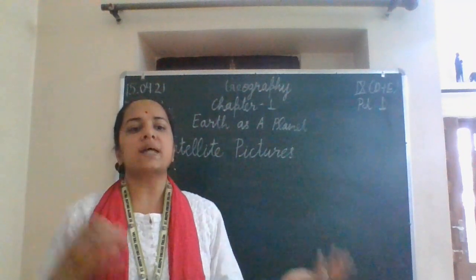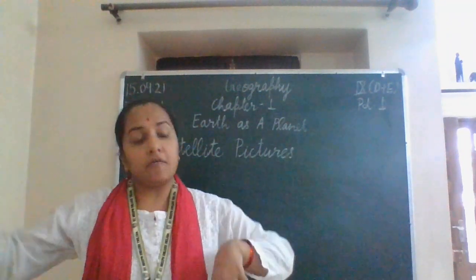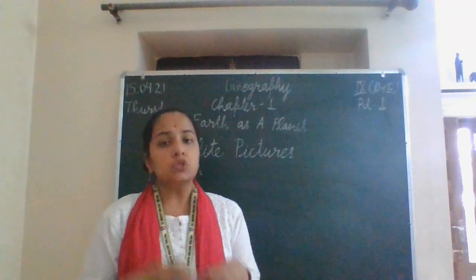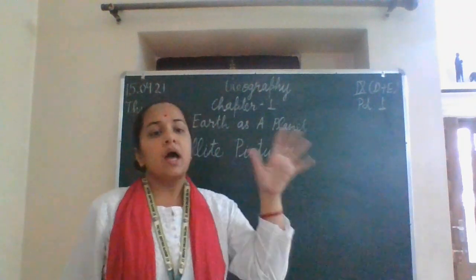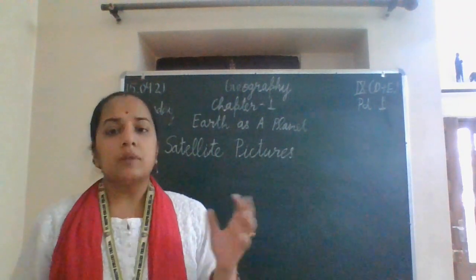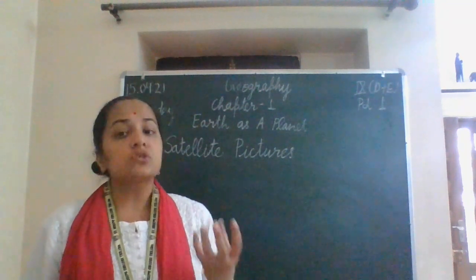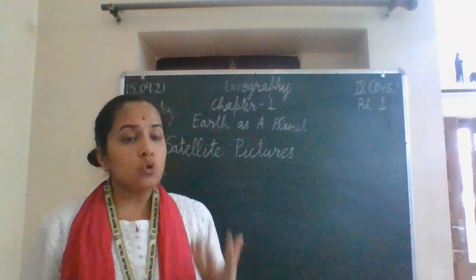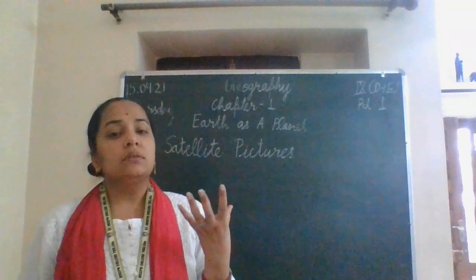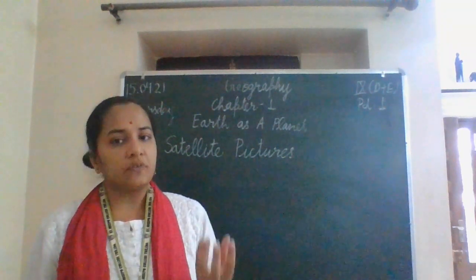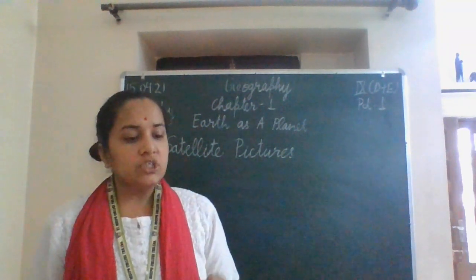The pictures that have been taken when someone is away from the earth, not on the surface of the earth, and from there the pictures of the earth are taken. So one can see that the shape of the earth is a sphere.